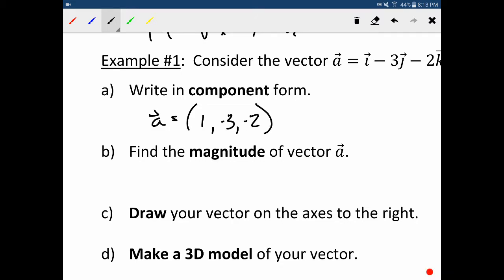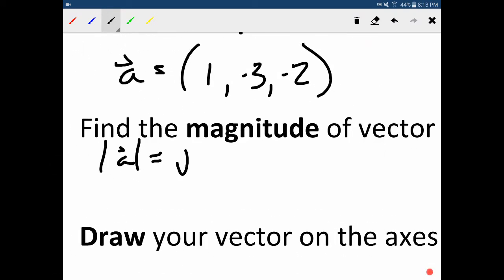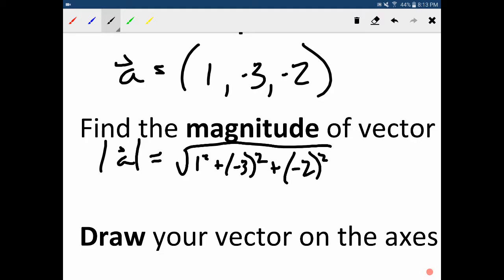The magnitude of a will be the square root of 1 squared plus negative 3 squared plus negative 2 squared, which is just equal to root 14.